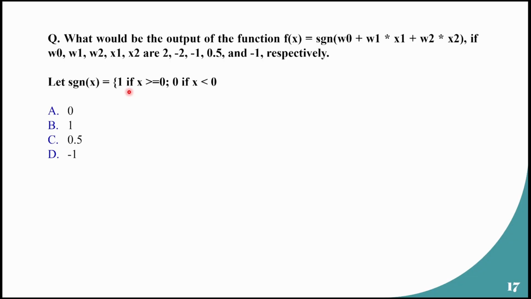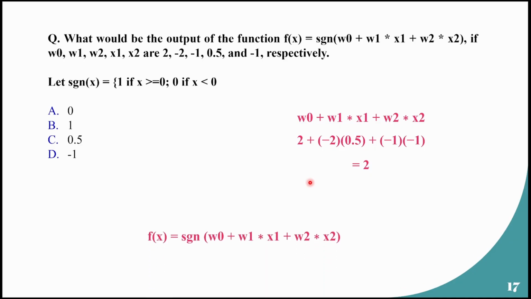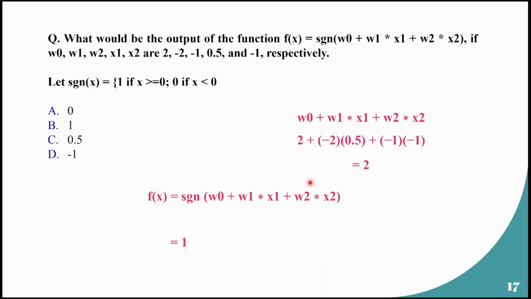So, option B you say. As it is, you have to calculate the value of w0 plus w1 times x1 plus w2 times x2. So it's 2 plus minus 2 times 0.5 plus 1, right? So essentially the value will be 2. Now the condition given here is that if it is greater than or equal to 0, the value of SGN(x) will become 1.